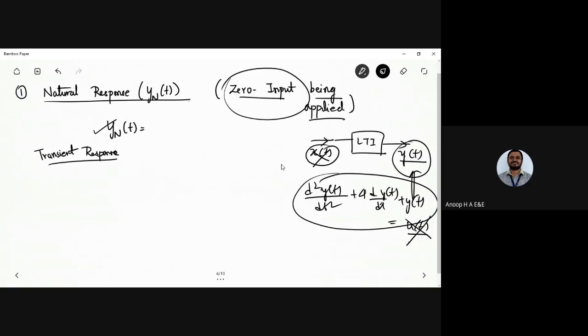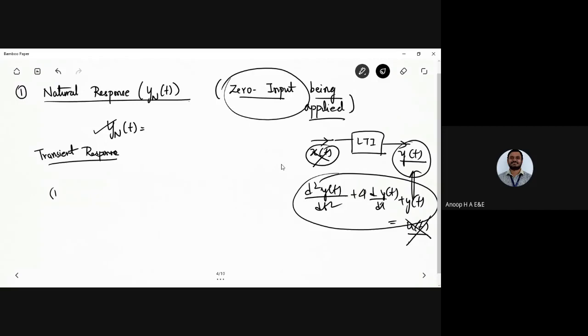Any transients present for a shorter duration of time, which have an impact on the system, you are going to call transients. So the response to the transients is generally called the transient response of the system.